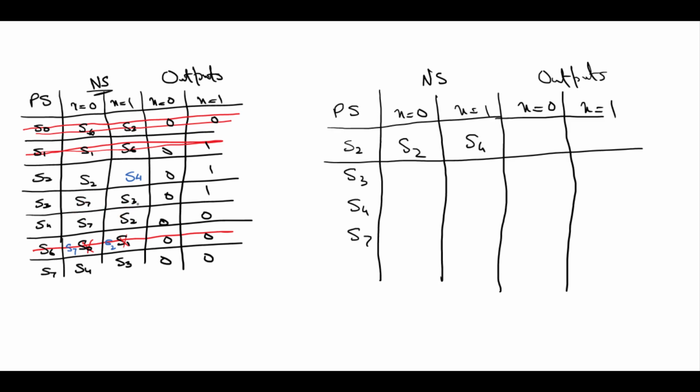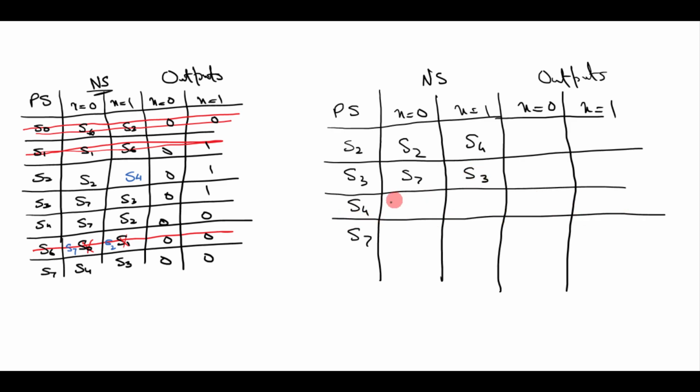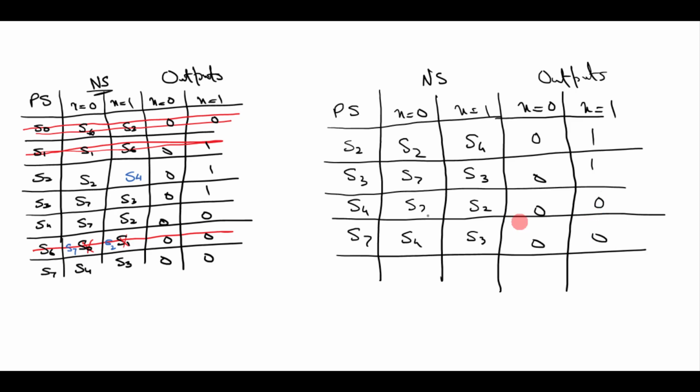Here you have S7 and S3, S7 and S3. Here you have S7 and S2, and here you have S4 and S3. Whereas your outputs are here 0 0 0 0, and here you have 1 1 0 0, 1 1 0 0. So this is your reduced state transition table, which has only 4 states.